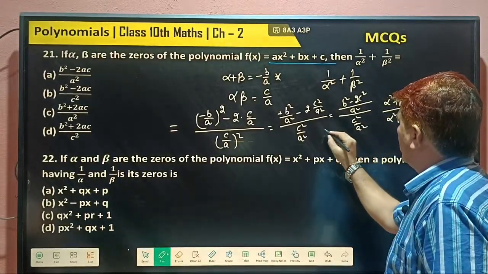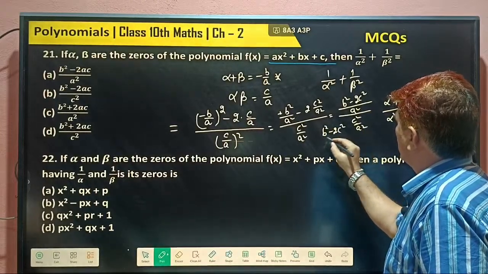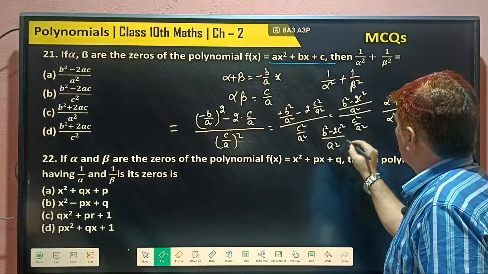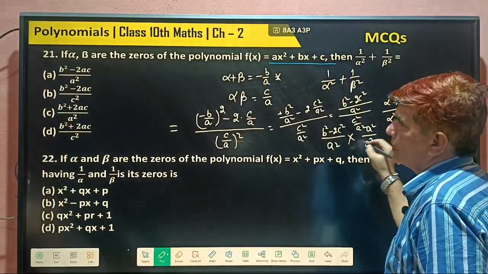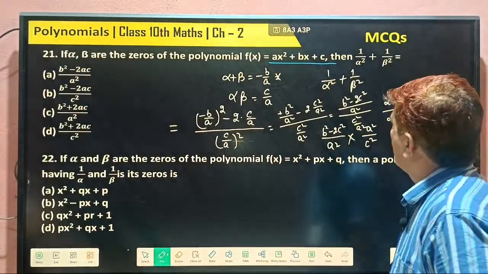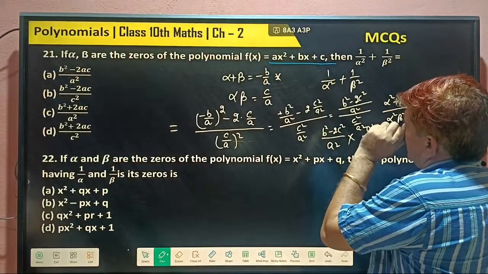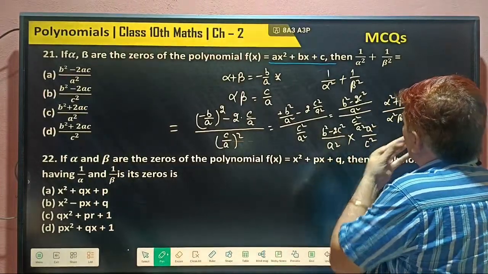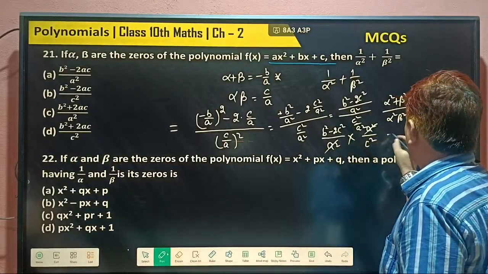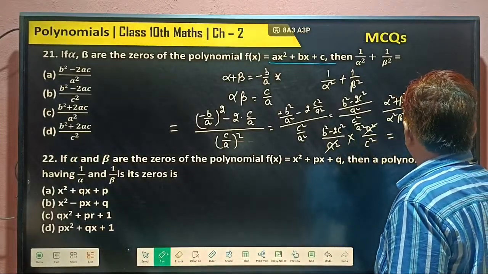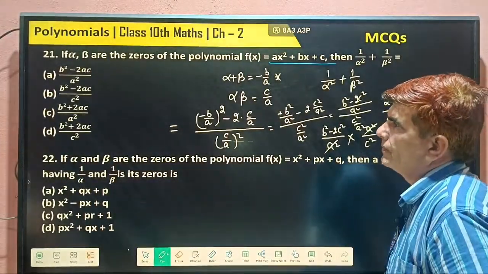So this how can we write? B square minus 2c square by a square into a square by c square. Understood? Yes or no? So what cancels? This cancels this, so what's coming? B square minus 2c square by c square.